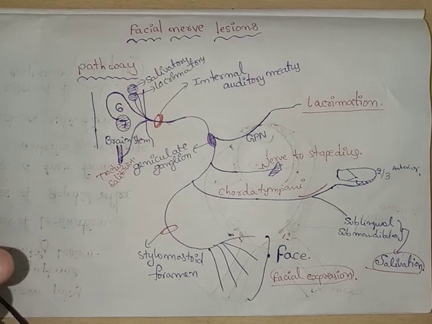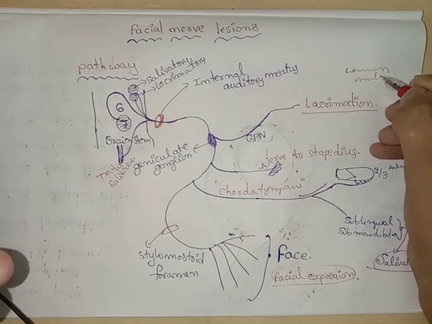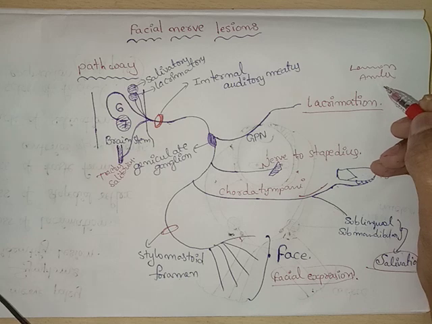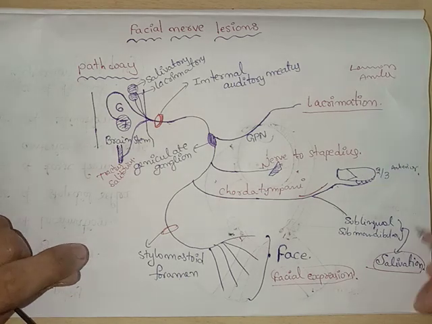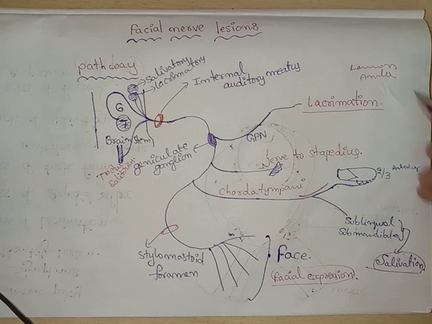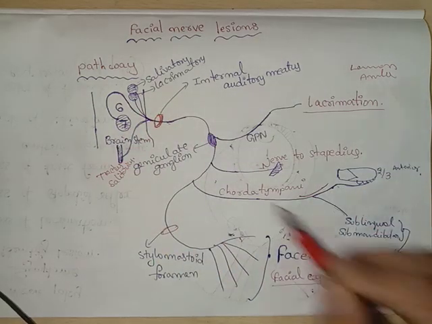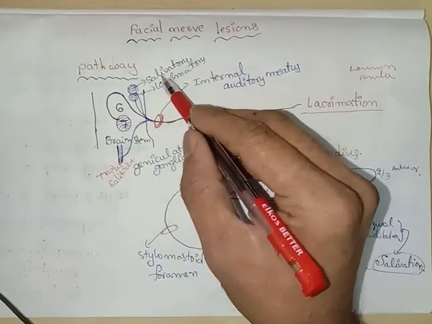One is, when we see a lemon or amla, we start salivation. Why? When we see these fruits, our eyes receive the image and assess it in the higher center, where the eye centers are connected with the salivatory nucleus.